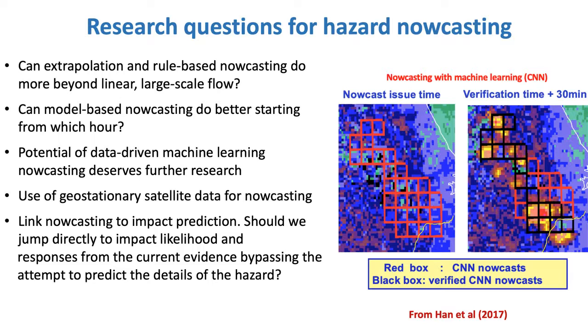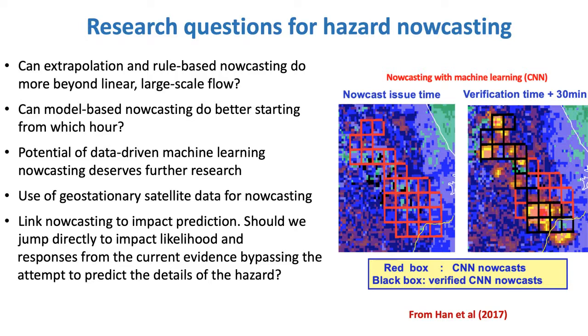It shows the machine learning technology is able to predict the storm initiation that didn't exist at all half an hour ago, but 30 minutes later, using the machine learning method, we are able to forecast the initiation. Although there are still some false alarms.